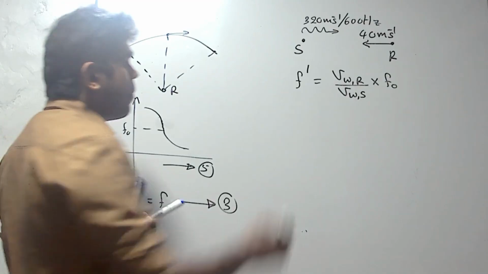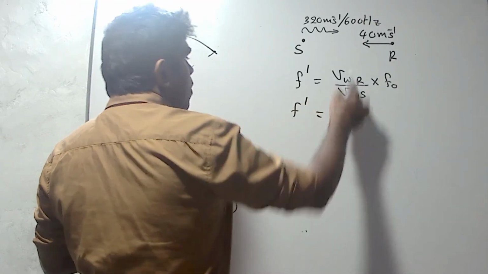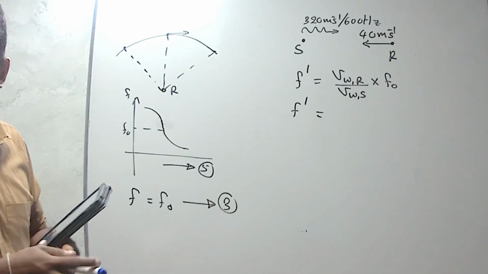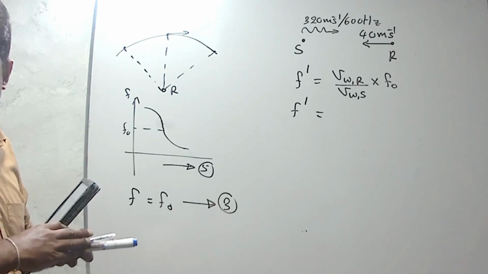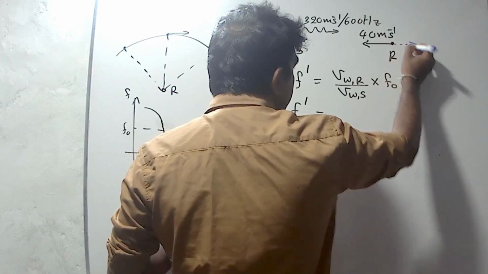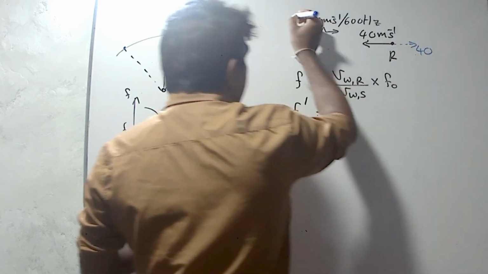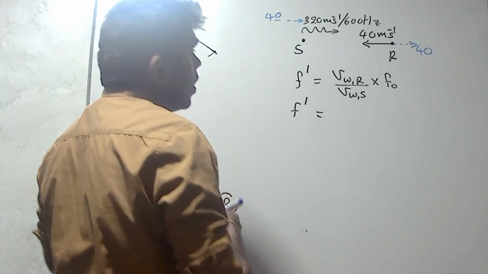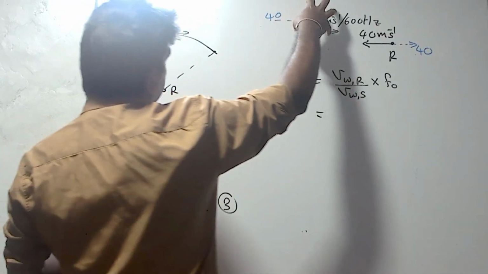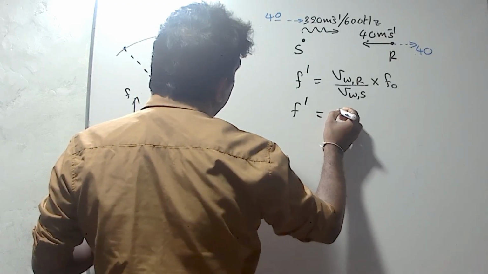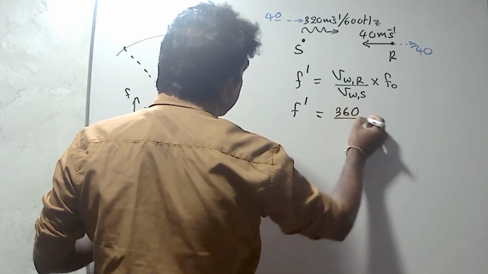We have to find the apparent frequency f dash. When getting the velocity of wave relative to receiver, we have to consider that the receiver is at rest. Therefore, we have to give a velocity in the opposite direction and we have to do the same thing for the wave. Then we can get 320 plus 40, the relative velocity, 360.